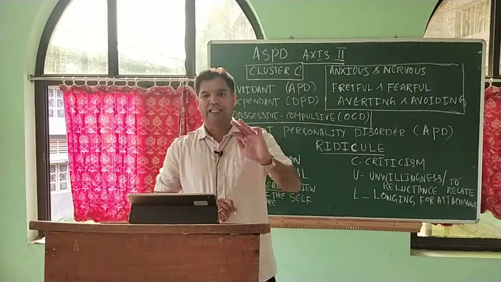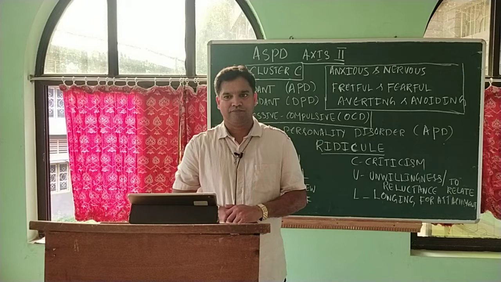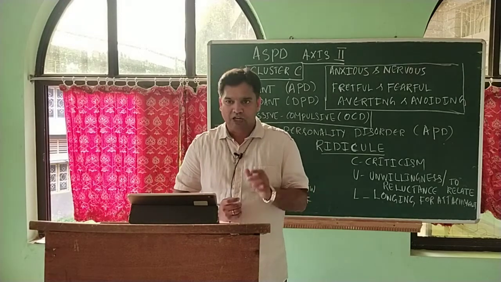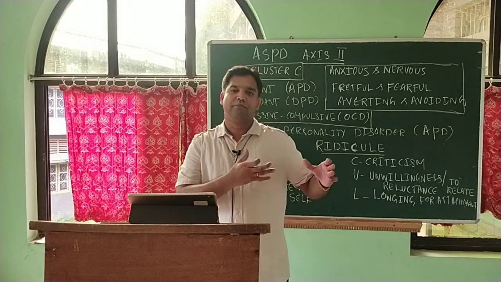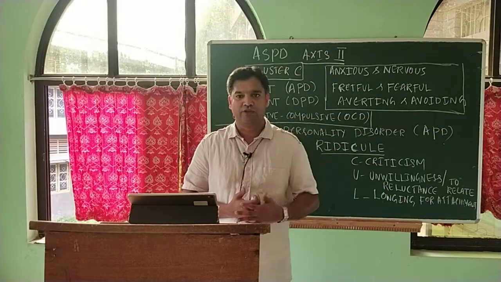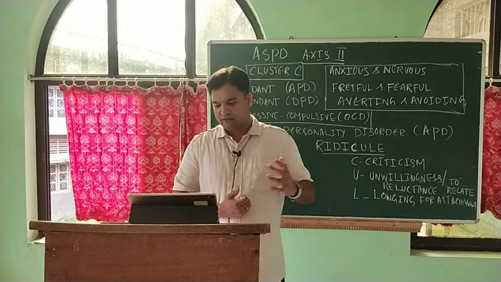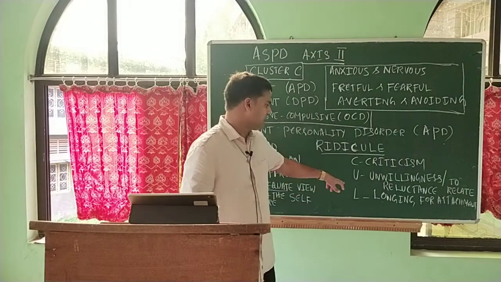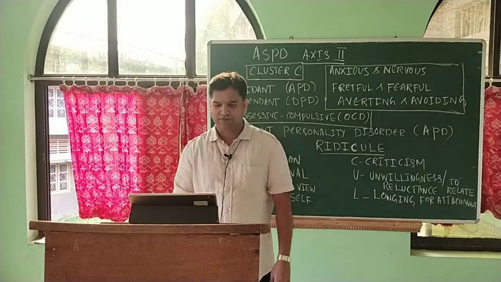That's why they avoid relationships. So basically there is a longing in these people. They also want to relate, but they have fear of being rejected, being ridiculed, or not being accepted by others. That's why they avoid relationships. So there is a longing in these people for attachments.